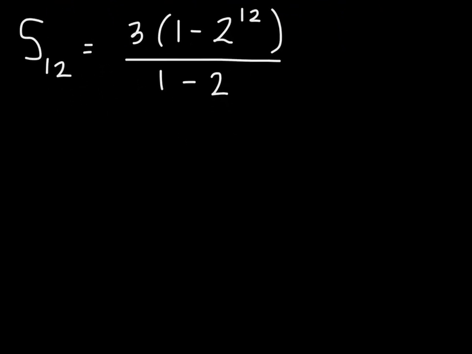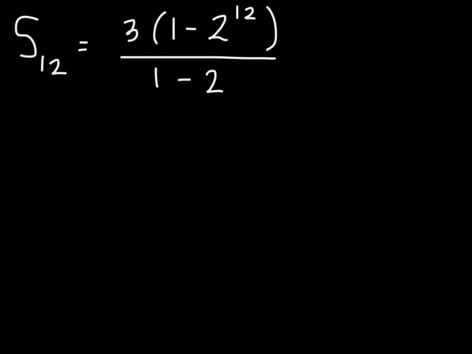So the rest of this is arithmetic. So then this is equal to 3, and this is over negative 1. And then this number here, you want to punch it into the calculator, 2 to the power 12, and subtract that from 1, which should be giving us negative 4,095, like that.